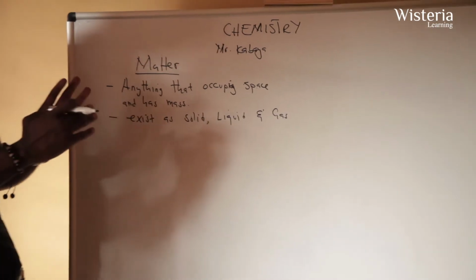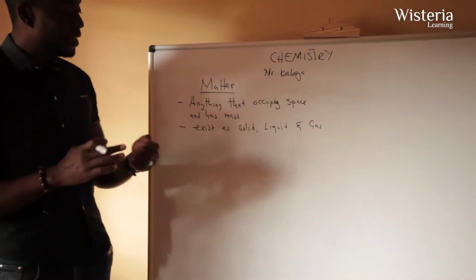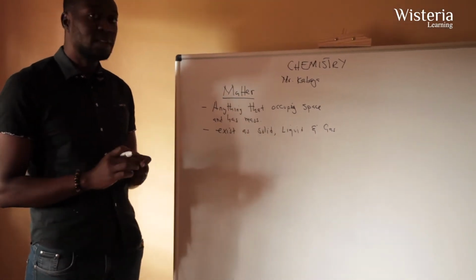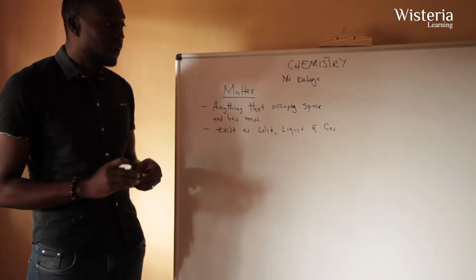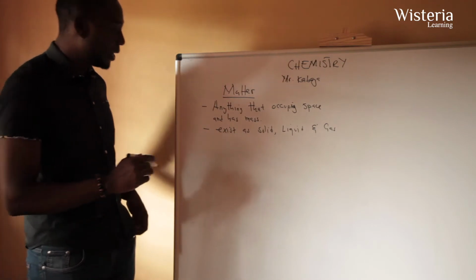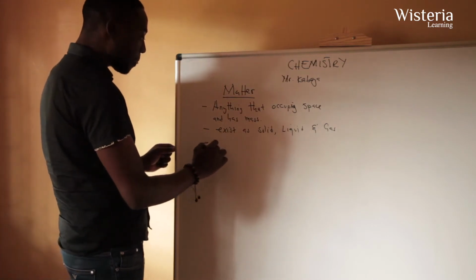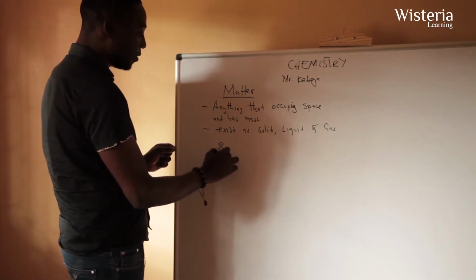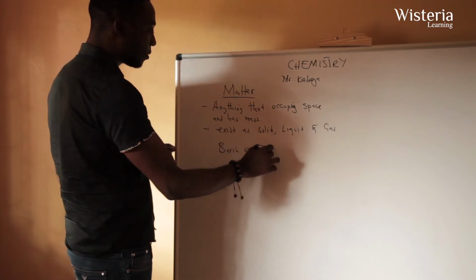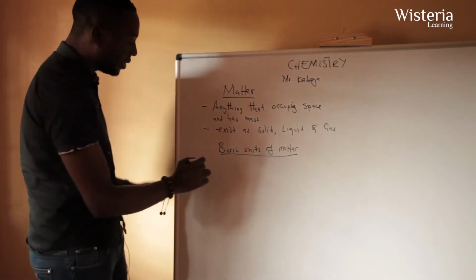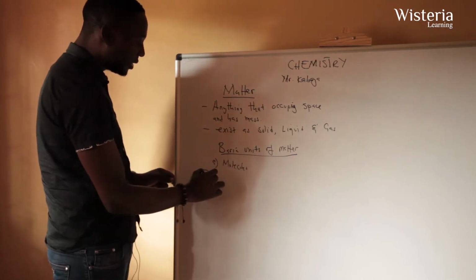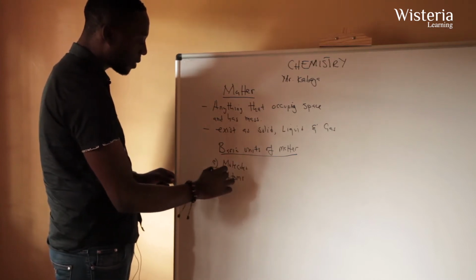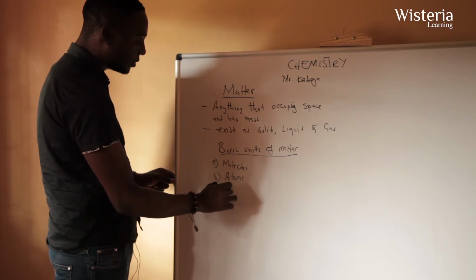So these states of matter are made up of certain particles. And those particles that make up the states of matter are called the basic units of matter. The basic units of matter are molecules, atoms, and ions.